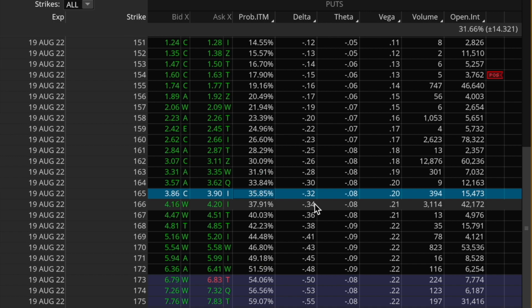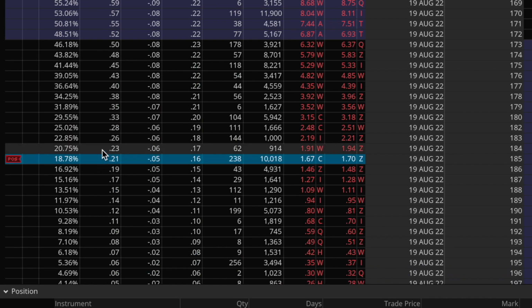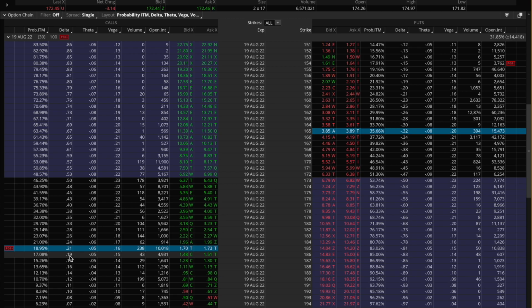Right, so currently the delta is 32, but again, if this ETF does climb higher by a decent amount, the delta on this put option will drop further. So if we assume in our example here that by this time the delta on this 165 put option is 20 and the delta on my call option has increased to 50, well that means the combined delta on the entire strangle is 50 minus 20, which equals 30.